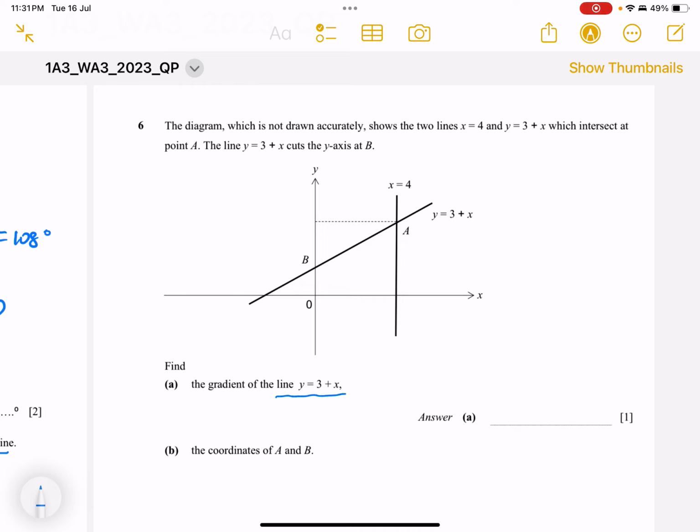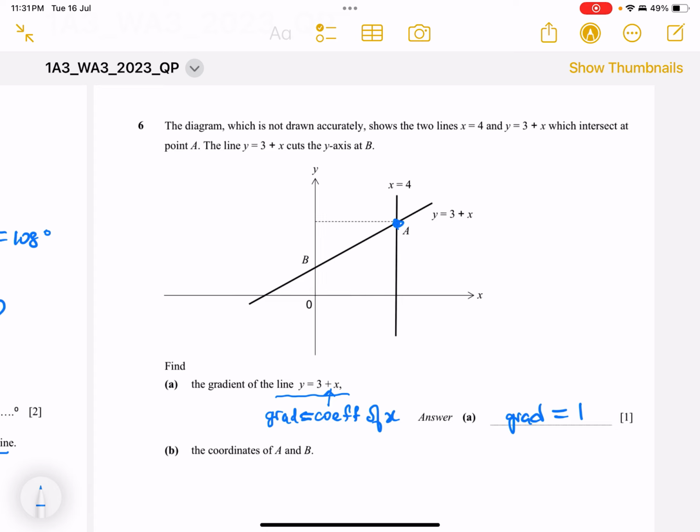The gradient of the line is the coefficient of x, which in this case is 1. So the gradient equals 1. Gradient is the slope.